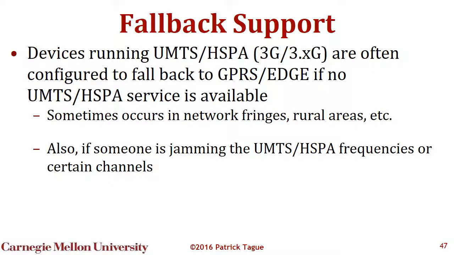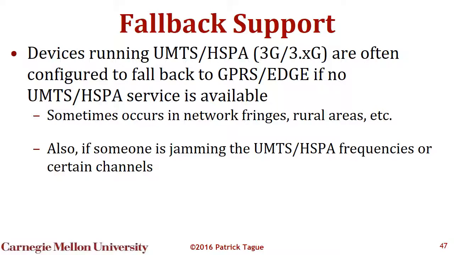Another thing we have mentioned is that many devices, even though they are using 3G, also called 4G, are backward compatible with 2G, so they can be configured to fall back to 2G and 2.5G. Especially when the network has some trouble in rural areas, the service can be downgraded to 2G or 2.5G.